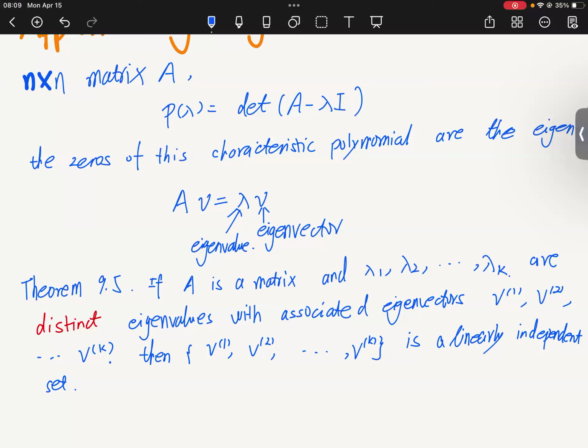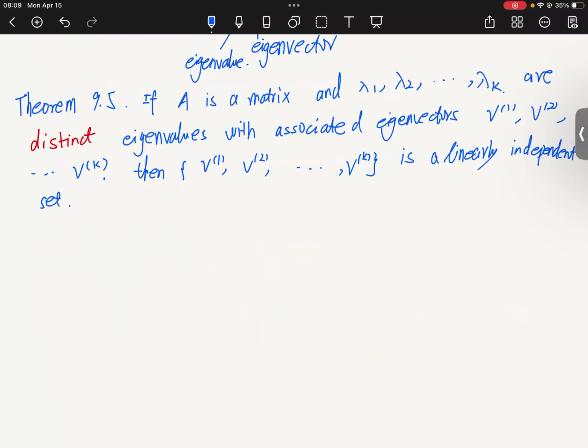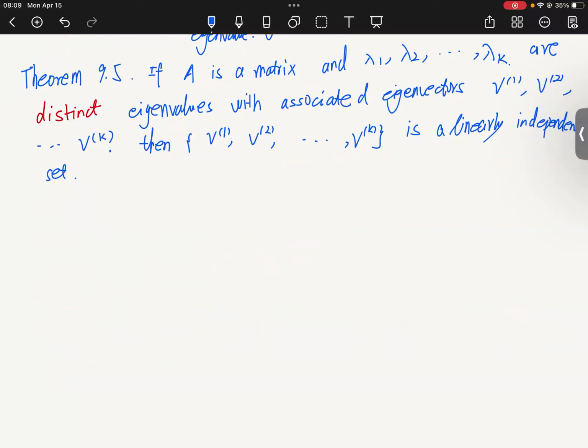And this is Theorem 9.5. I'm going to give you some examples about eigenvalues and eigenvectors in case you forgot how to get them. There's one example, Example 3 in the textbook, and we have a 3 by 3 matrix: 2, 0, 0, 1, 1, 2, 1, -1, and then 4.